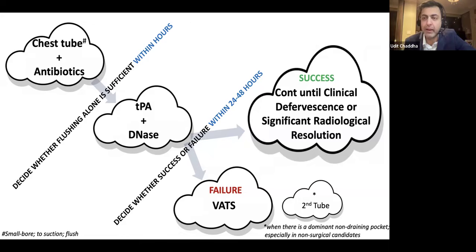Yeah, it depends on how much non-expandable lung there is and how old and healthy your patient is. So in a young patient with a large trapped component, the threshold to send that patient for a decortication will be lower, as opposed to in an elderly patient or in someone with a small trapped component.